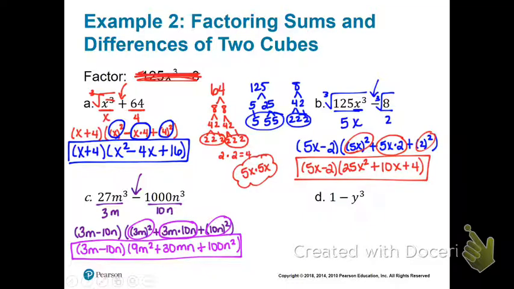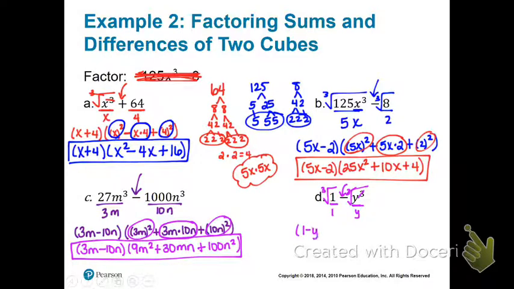And then D. Again, steps are factoring. First step, does it have a greatest common factor? It does not. Count the number of terms. There's 2. So sum or difference? Difference. Squares or cubes? That's divisible by 3, so cubes. So let's see, what's the cube root of 1? 1. And the cube root of y cubed is y. So I got my a and my b. Plug it into the appropriate formula.